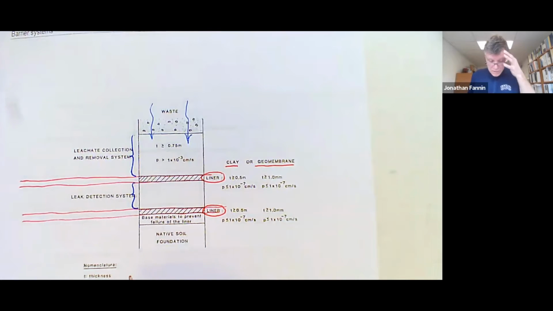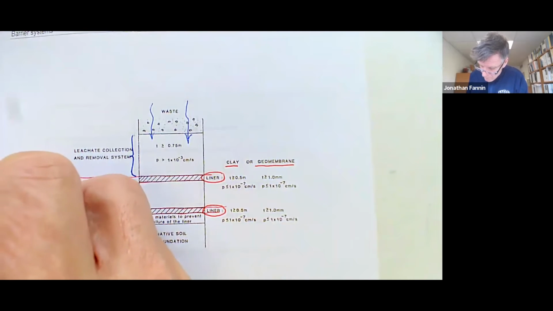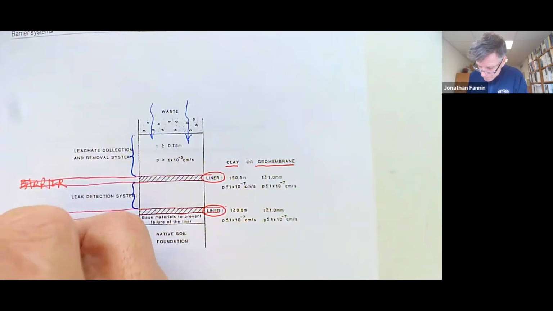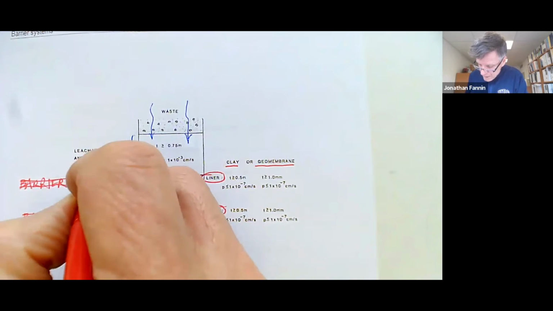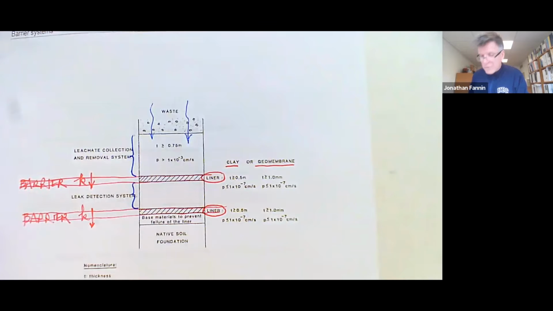And these liners are a barrier. And it's a barrier. This is a barrier. And that barrier is intended to have a relatively low conductivity.